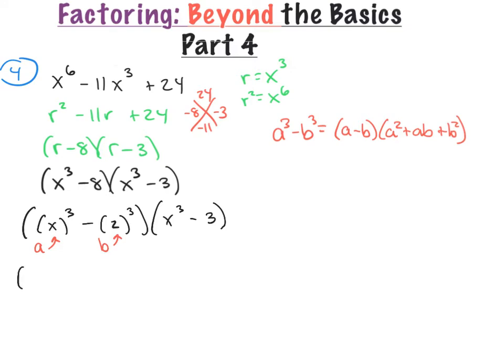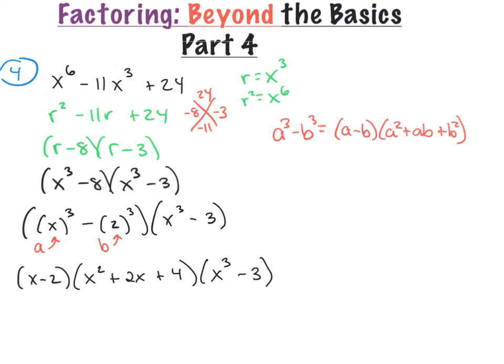So for us, a minus b would be x minus 2. A squared is x squared plus, multiply them together, x times 2 is 2x, and then always positive, plus b squared. 2 squared is 4.